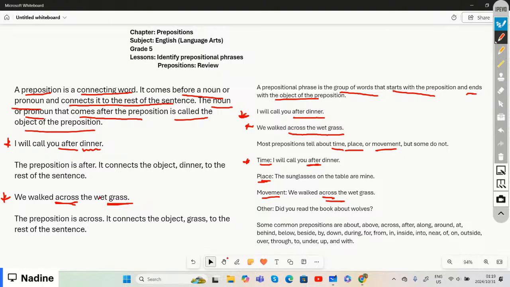There are a lot of prepositions. All right, so now we're going to A plus students.ca.